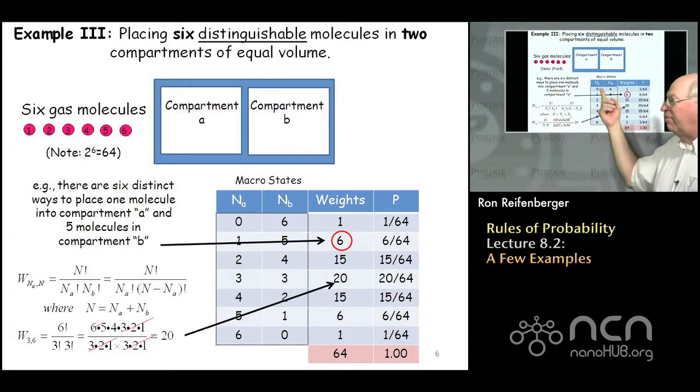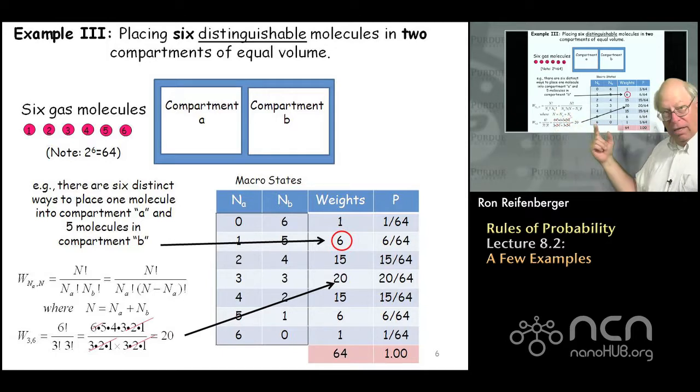And you can identify the different states of the system, right? So the different states of the system are how many molecules are in compartment A versus how many molecules are in compartment B.